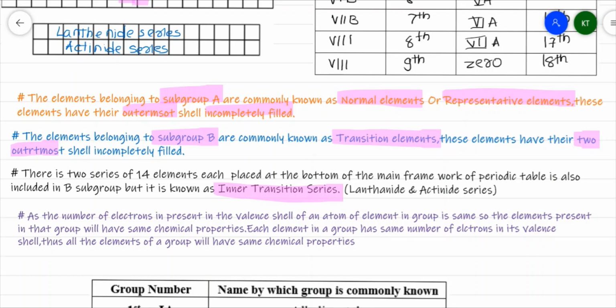Now we have already discussed that the number of electrons present in the valence shell of an element is the same within a group.